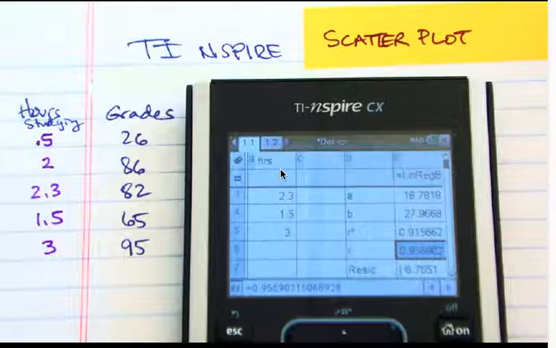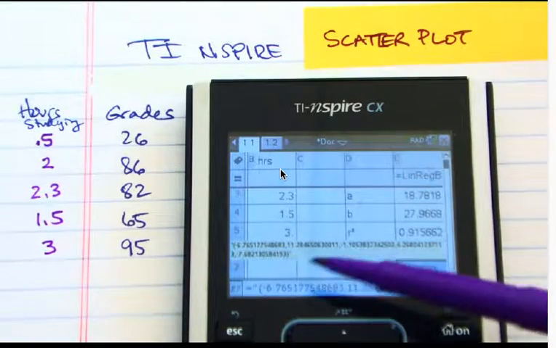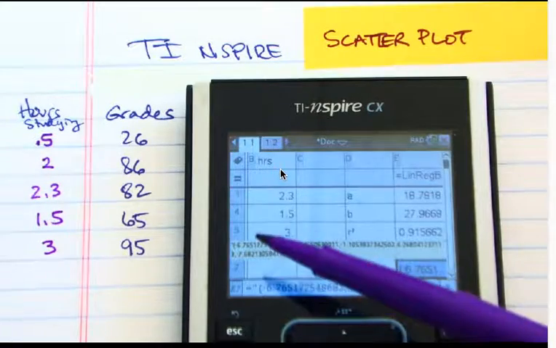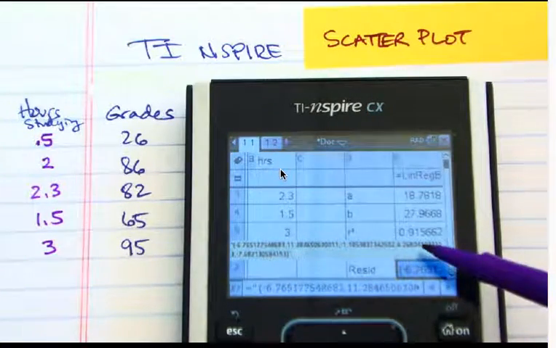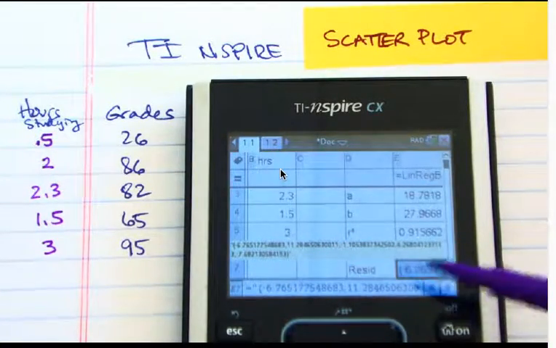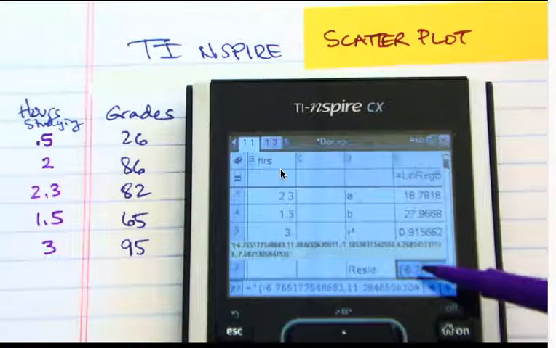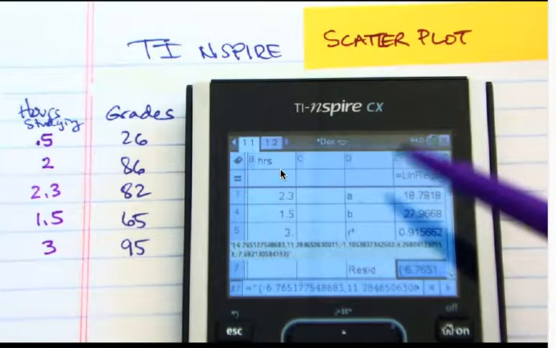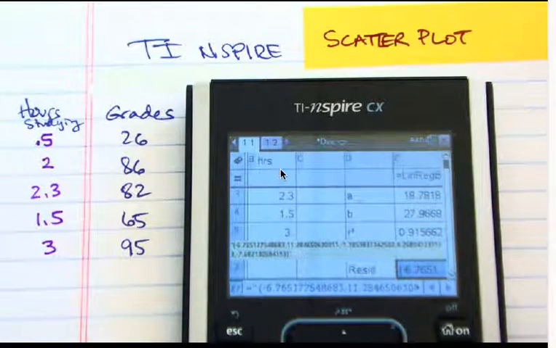Now, if we're looking at residuals as well, this also gives us a list of all those residuals. You probably can't read them on here. Some will be positive, some will be negative, and on average, they're all going to be 0 because this residual is the vertical distance each of the points are from that regression line.